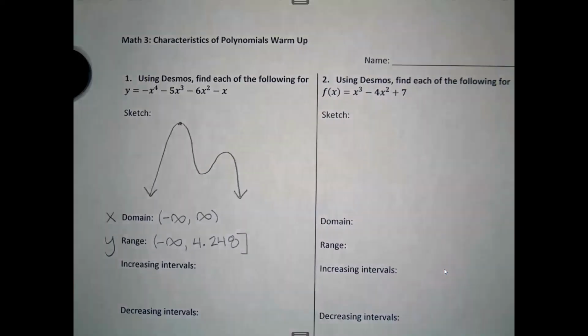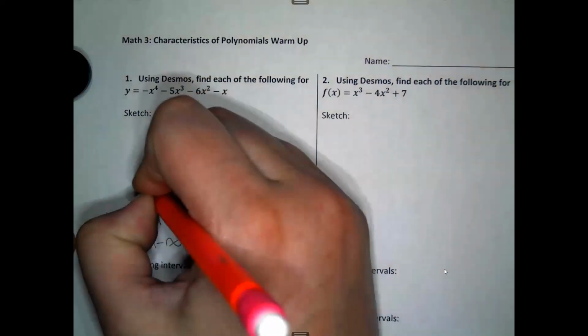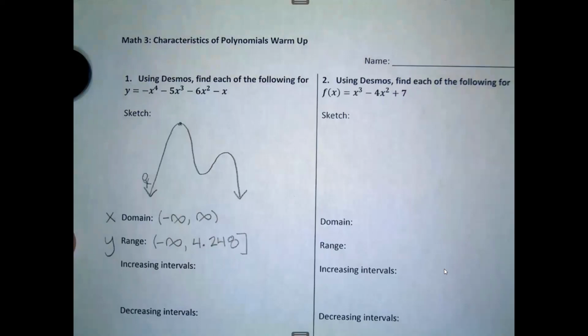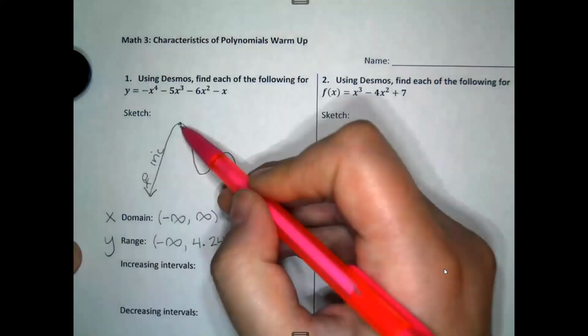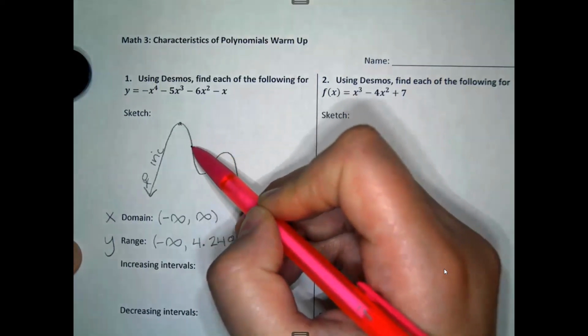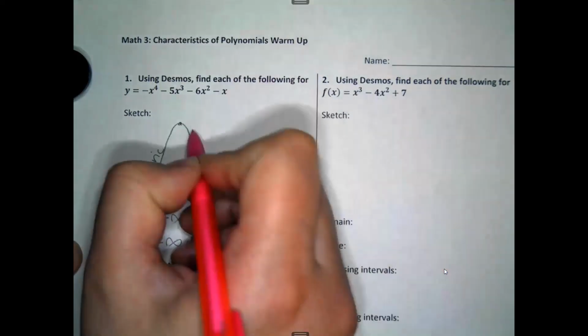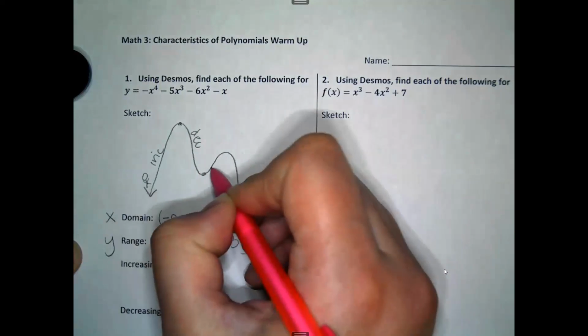Okay. If I do my increasing and decreasing intervals, I need my little stick figure. And when he starts walking, is he walking uphill or downhill? He's walking uphill. He walks uphill until he gets to this mountaintop, and then what happens? Now he's going downhill. He's walking downhill until he gets to this valley, and then what happens?